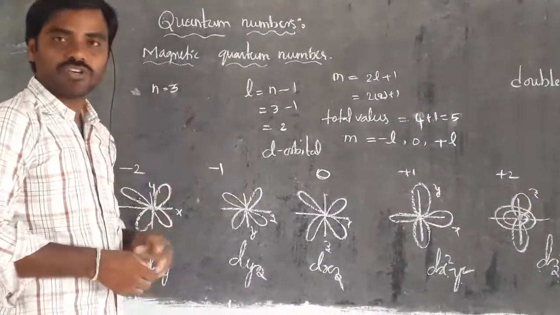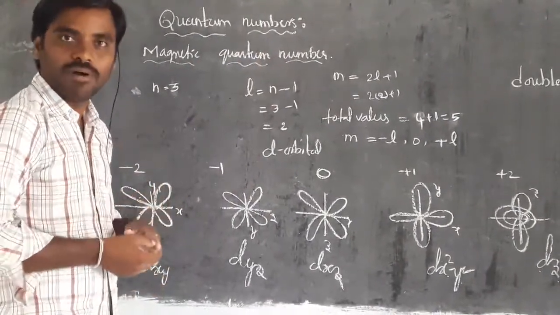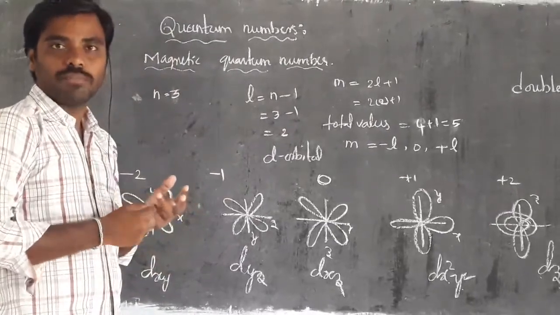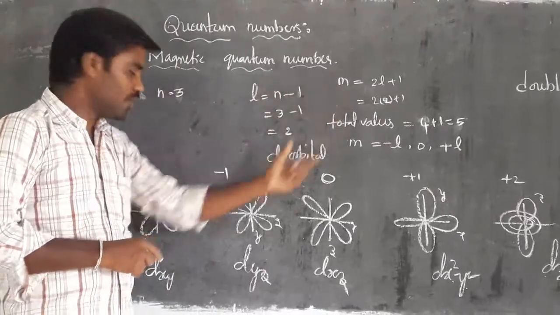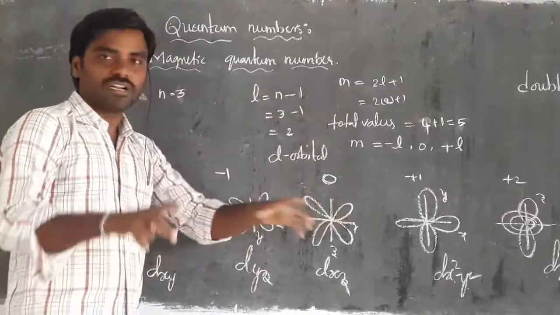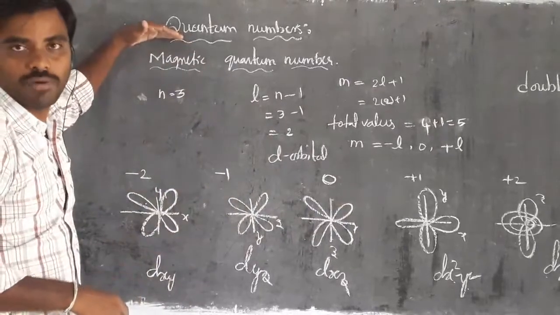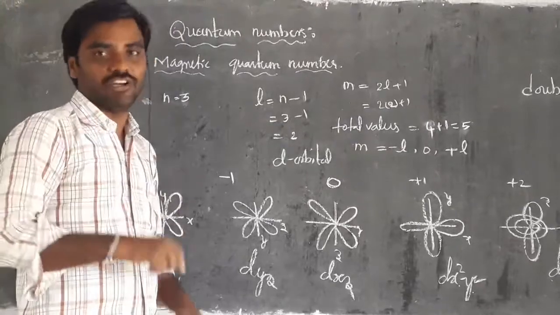That is the specialty of the magnetic quantum number, along with the angular quantum number and the principal quantum number. We have the values and also the particular shape. That is the identity of quantum numbers, to know the electron place and to calculate energy.